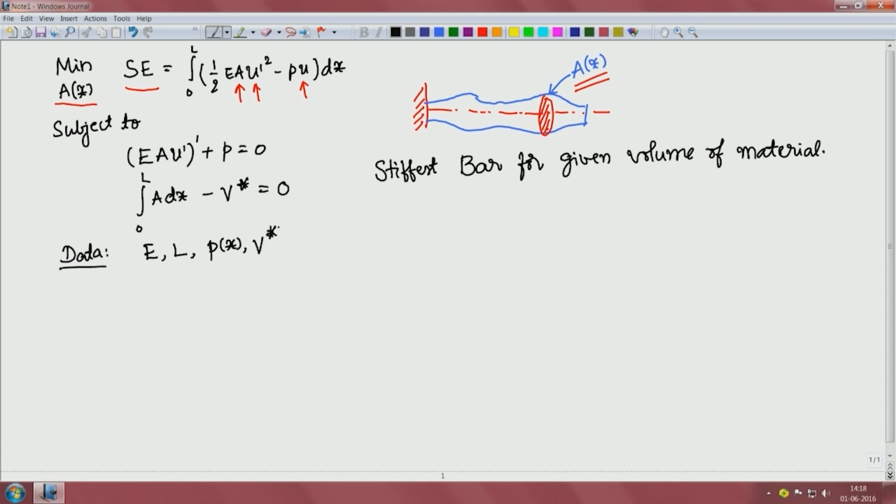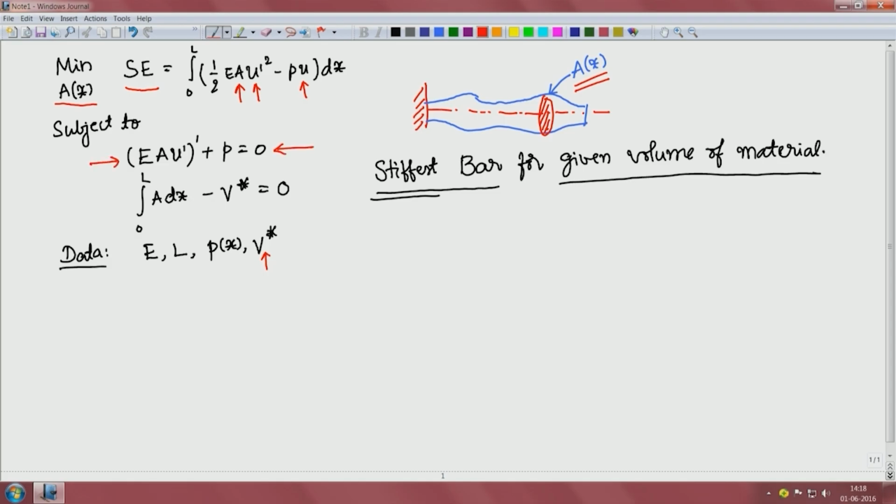So, we are trying to design the stiffest bar for a given volume of material. So, V star is given to us and we are trying to find A of x. In between we have u of x, which is the state variable, and that is governed by this equation.